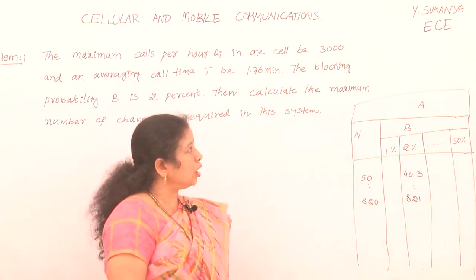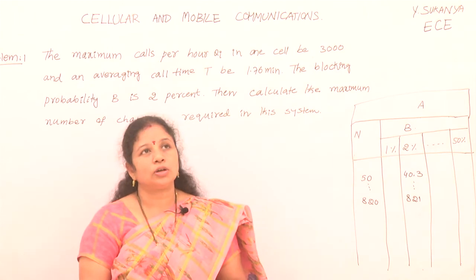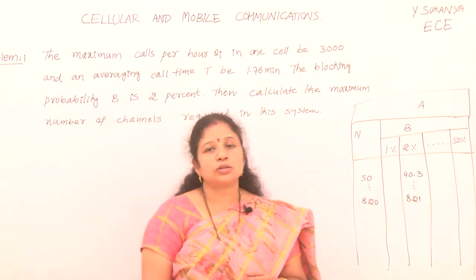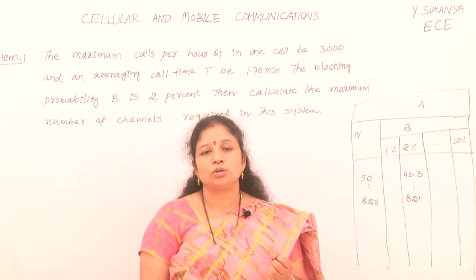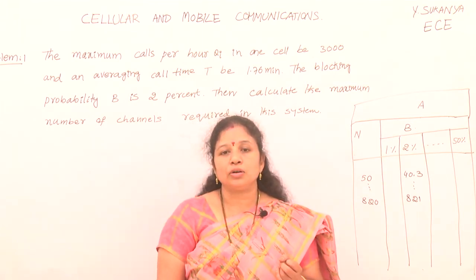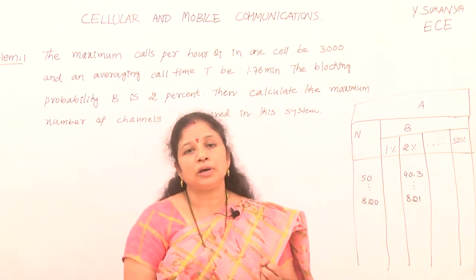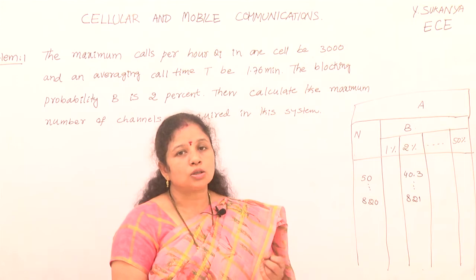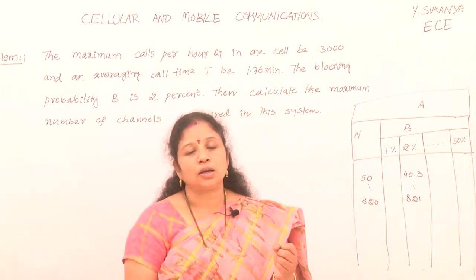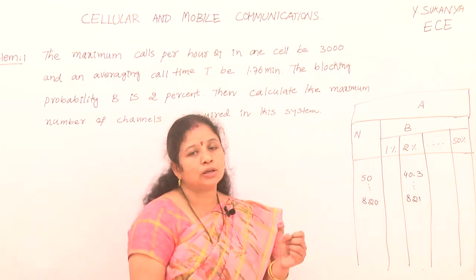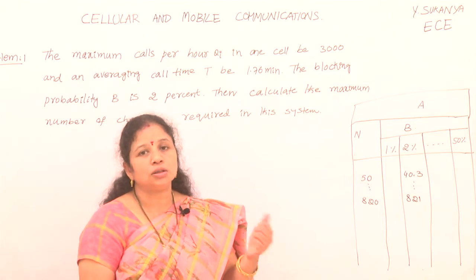Okay, so now before going to solve the problem, I just want to discuss something. Here the three important parameters are related. Those three parameters are the offered load, the blocking probability and the number of channels required in that particular system. Based on this, the system is to be designed. If any two of these parameters are changed, then automatically there is a change in the third parameter.